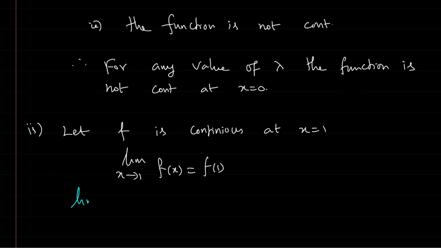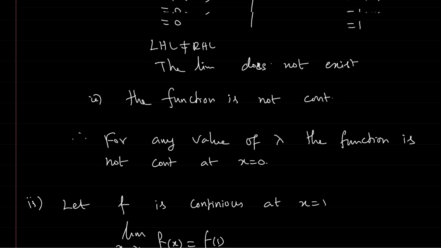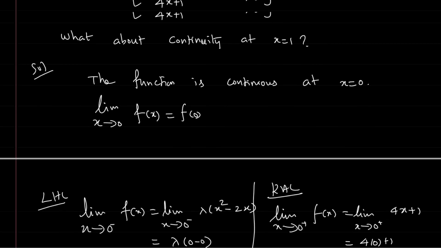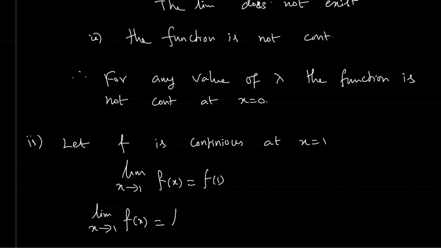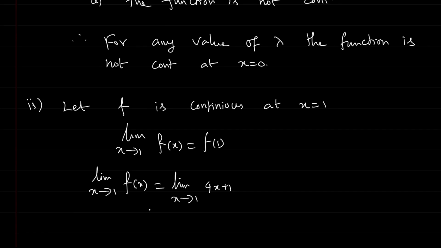Therefore I am going to find the limit of the function directly. Hence limit x tends to 1, f of x is equal to, since 1 is greater than 0, the function will assume 4x plus 1. Therefore limit x tends to 1 of 4x plus 1, so you will get 4 times 1 plus 1.